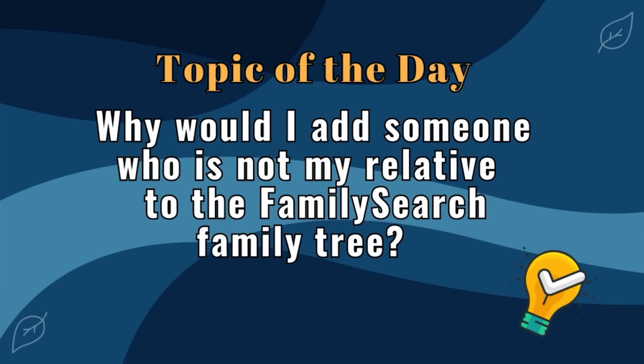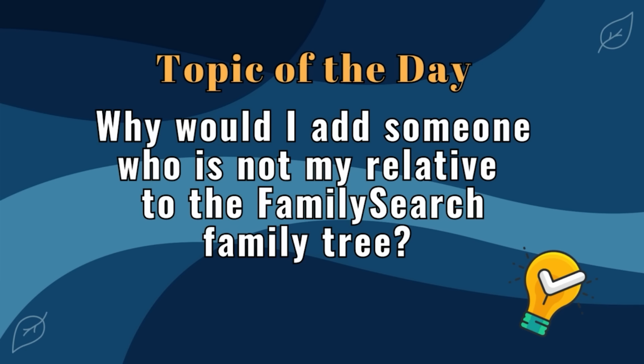So let's tackle the question, why would I add someone who is not my relative to the FamilySearch family tree? Simply put, sometimes those non-relatives have the clues you need to build your family tree. Here's a common example.